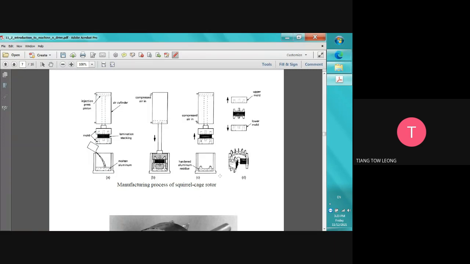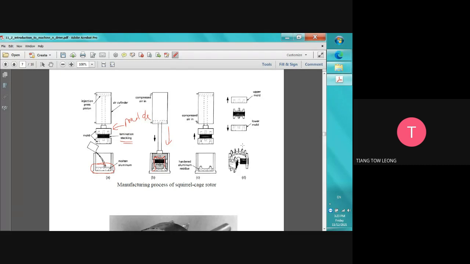They use the so-called sand casting. This process is called sand casting. For example, we put in a lamination stack, and then we make the mold, M-O-U-L-D. Then we press it, and there's aluminum, right? Then it goes in here and fills up all the empty space.